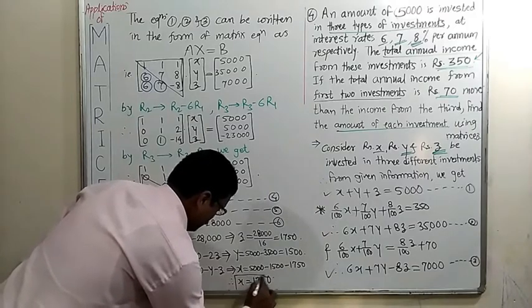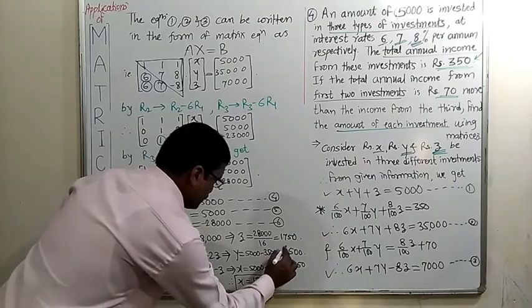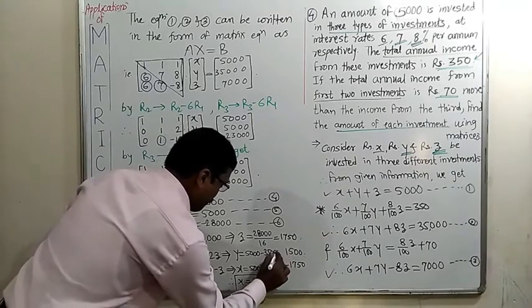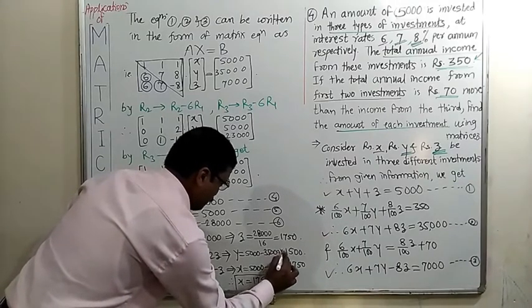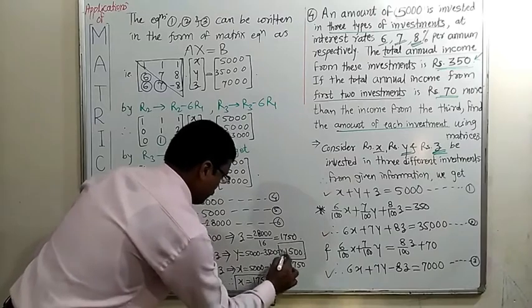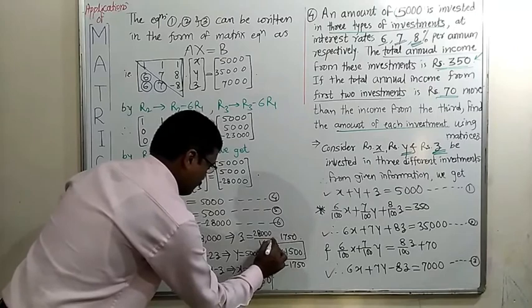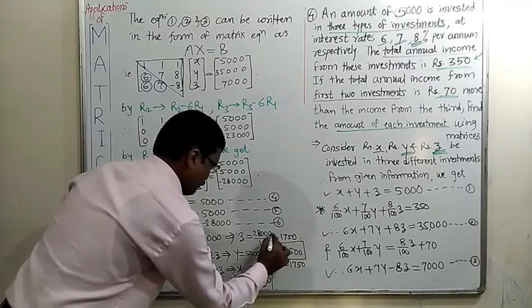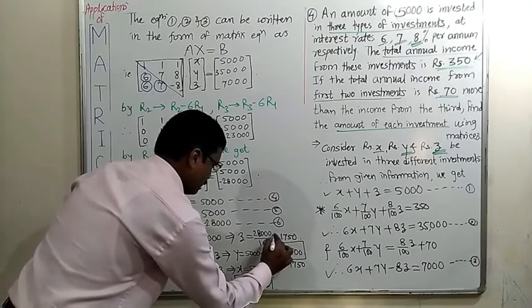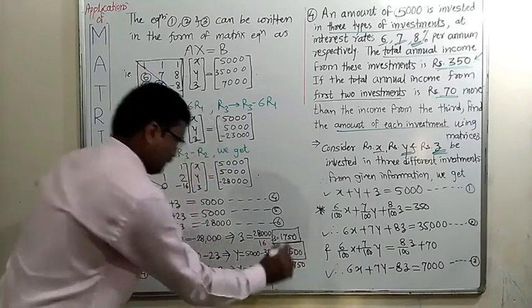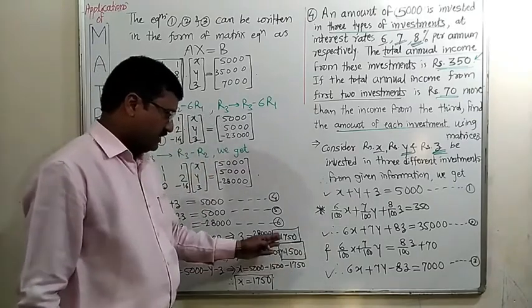So this is the value of x, this is the value of y, and this is z. So these are x, y and z.